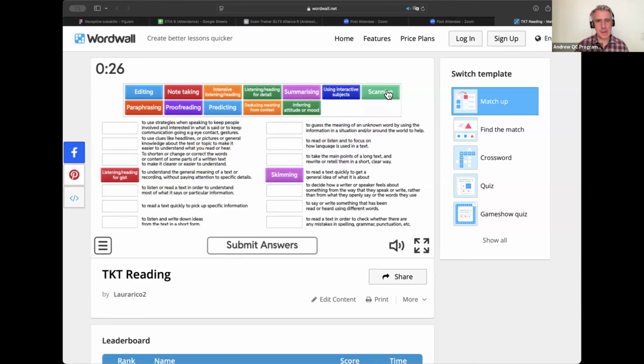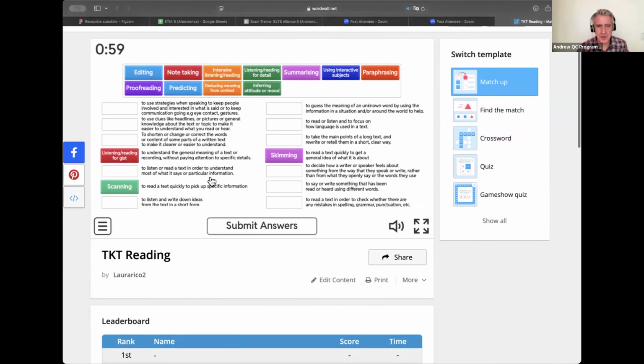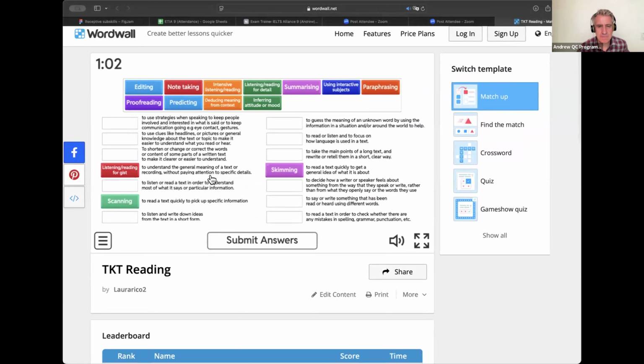Now, scanning, which one would that be? That will be read a text quickly to pick up specific information. Now, one person here mentioned inferring meaning from context, didn't you? So which one would that be? How about this one?